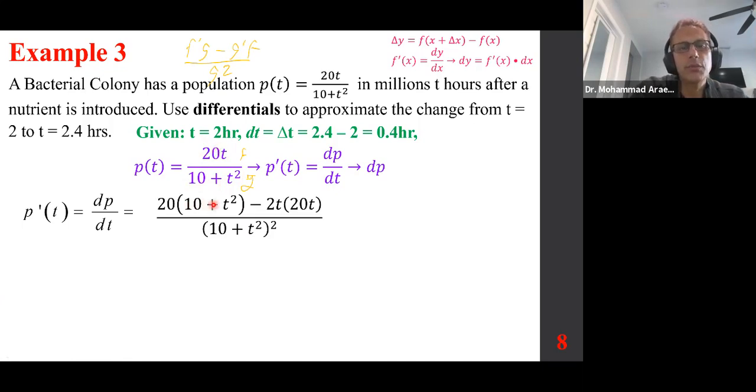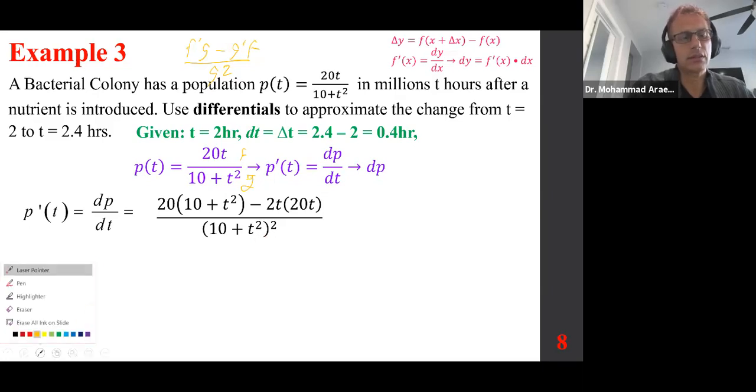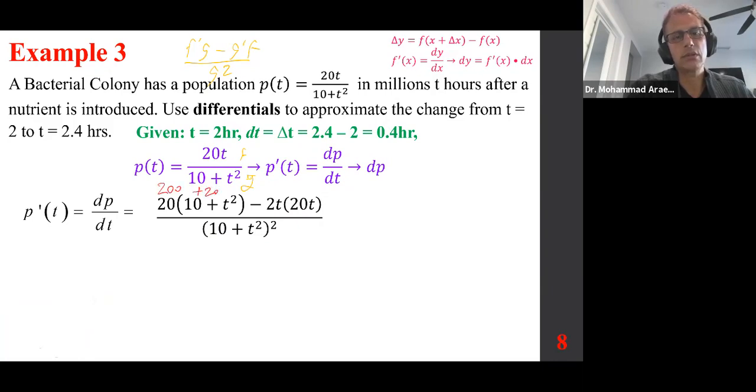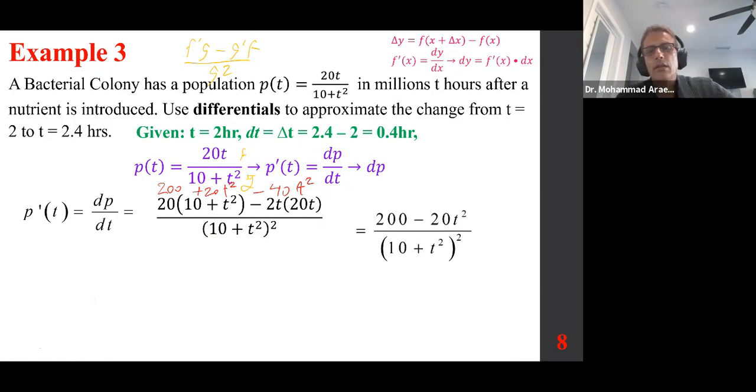So 20 times (10 plus t squared) minus 2t times 20t, over (10 plus t squared) squared. This gives 200 plus 20t squared minus 40t squared, and it simplifies to that.